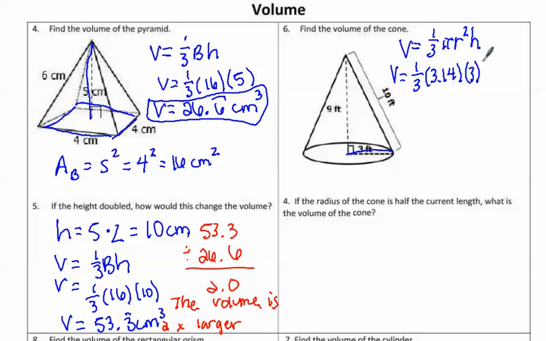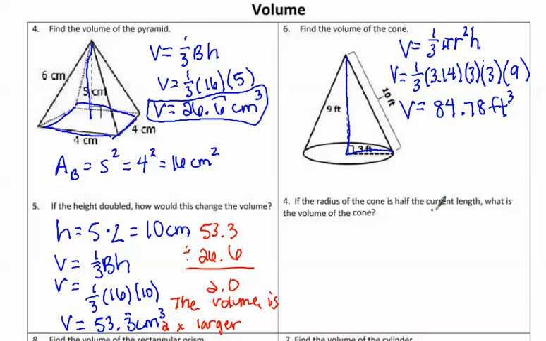Remember, radius squared is 3 times 3, and the height is straight from the base to the top of the cone. So that's going to be 9. Once I multiply from left to right, you get a volume of 84.78 feet cubed.